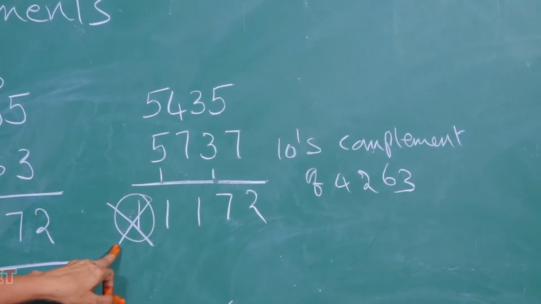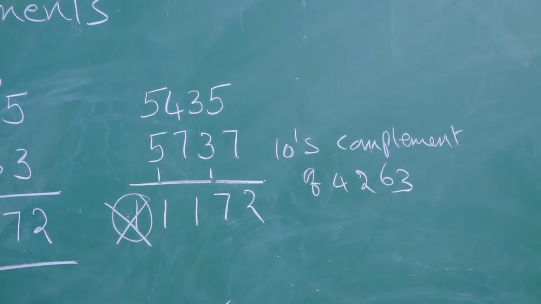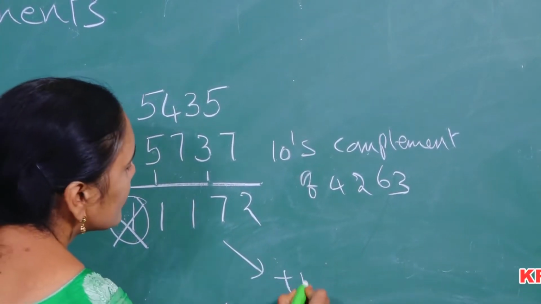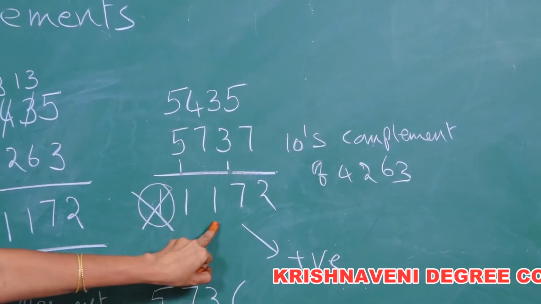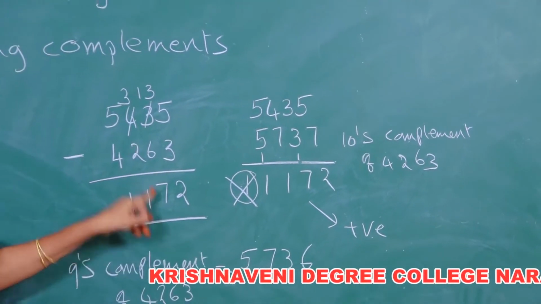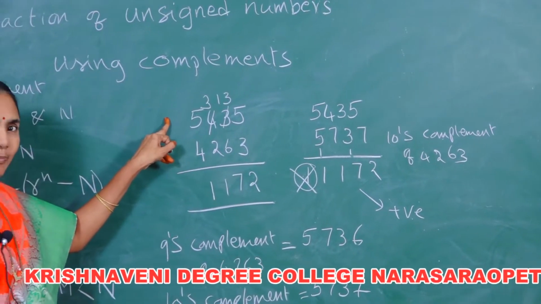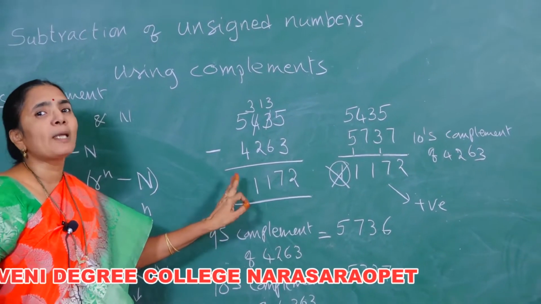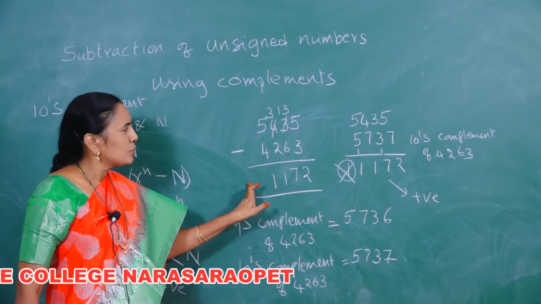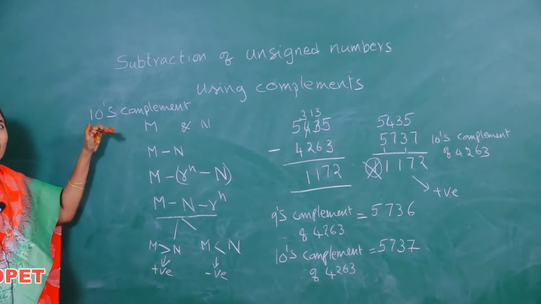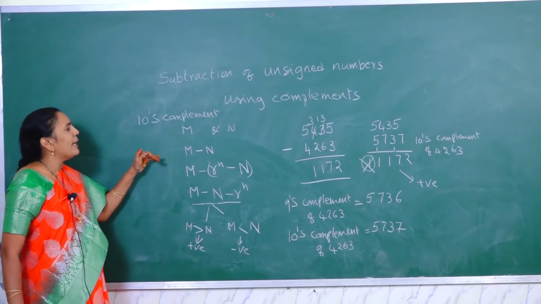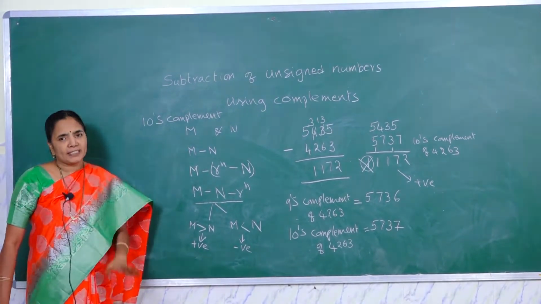When there is a carry out of the last digit, the answer is positive. The answer is positive, and this answer is similar to the answer we got in decimal subtraction. In this way, we perform the 10's complement subtraction through addition.